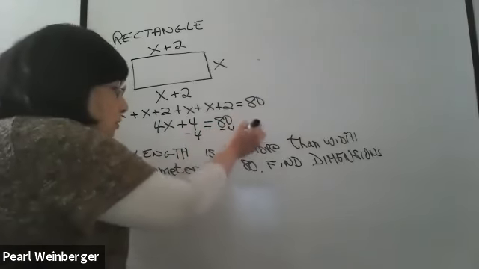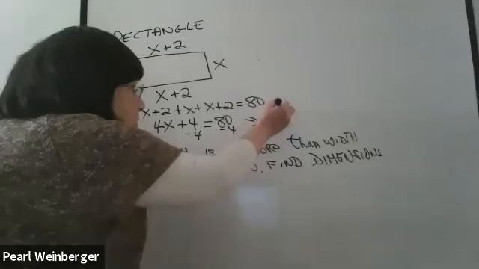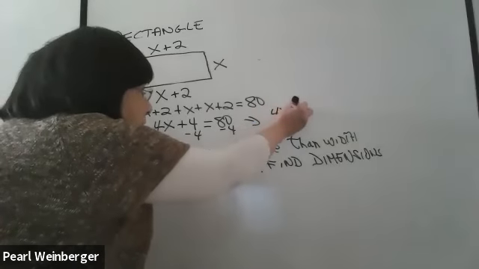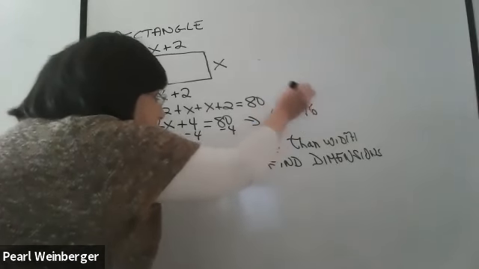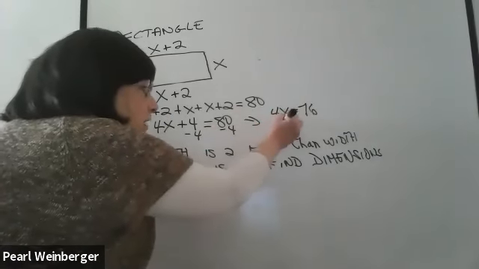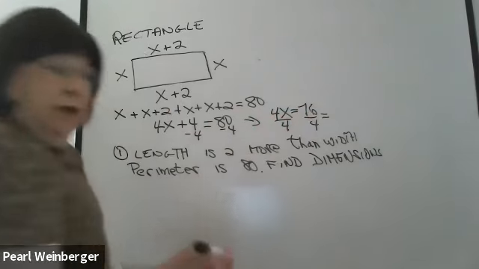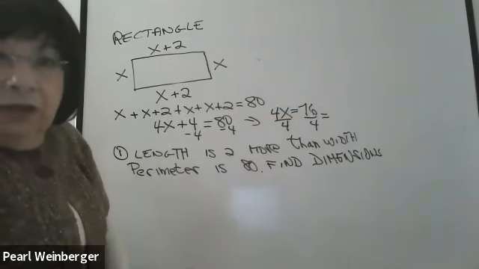I'm going to go over here, which will leave me 4x equals 76, because 80 minus 4 is 76. And then I'll divide by 4. And 76 divided by 4 is how much? 19.